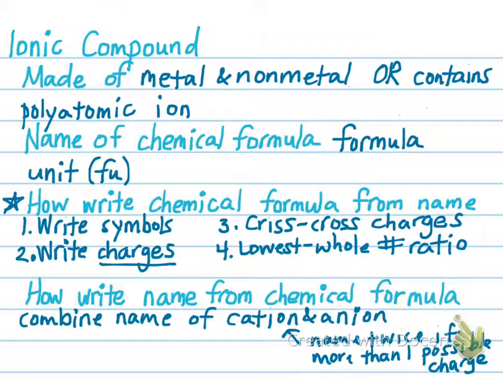So again, remember the stock system, it's the element name, parentheses, the charge on the ion is a Roman numeral, and then the name of the anion. If it's the classical system, you're going to use that Latin root in either us for the lower charged one or ick for the higher charged one as an ending, and then the name of the anion. So that's your review of ionic compounds.